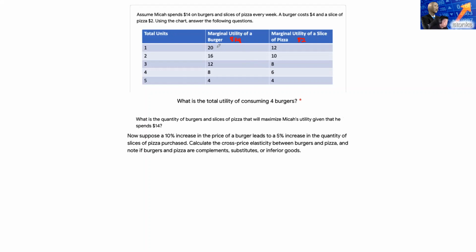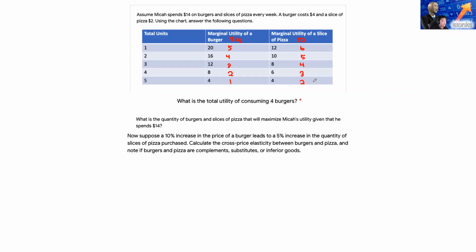So in the end, we get 5, and then 4, 3, 2, 1. And then over here, we have 6, 5, 4, 3, 2.